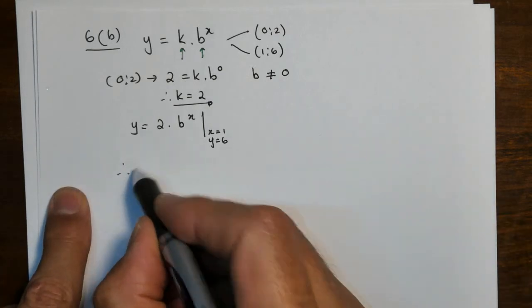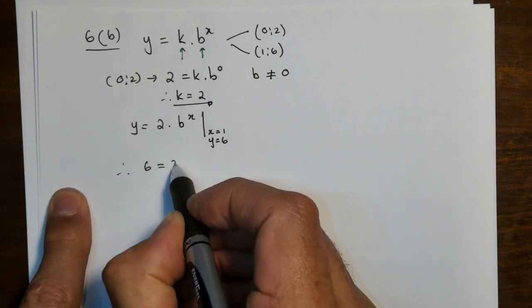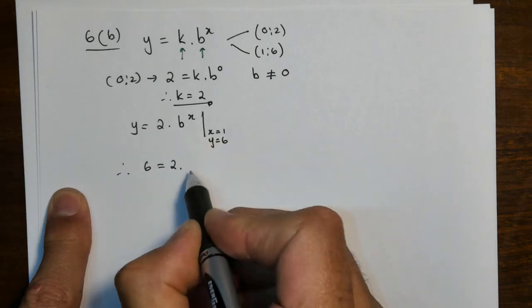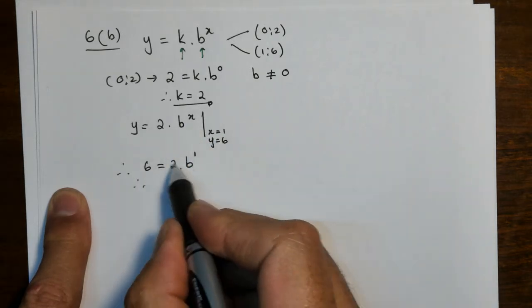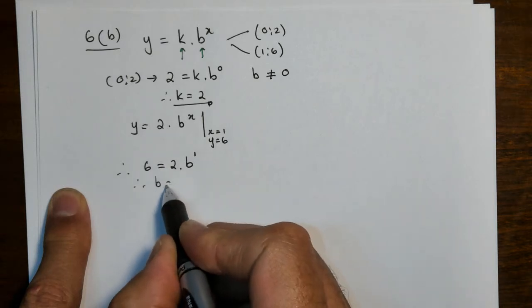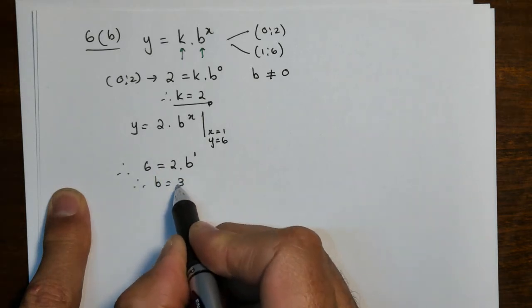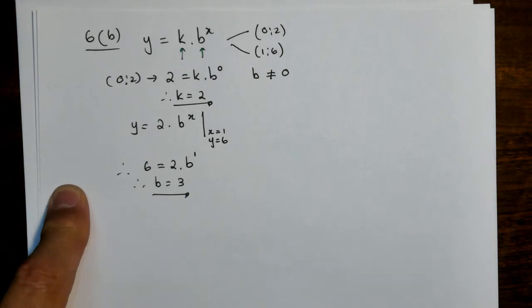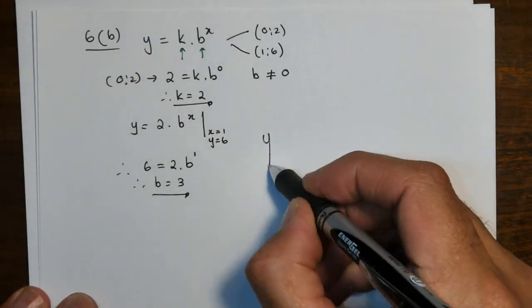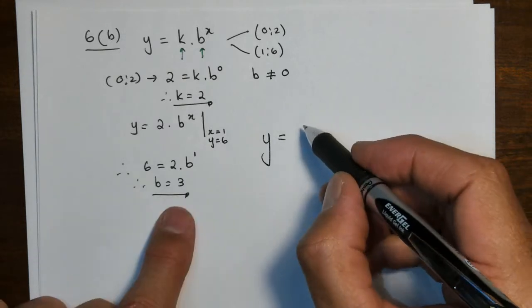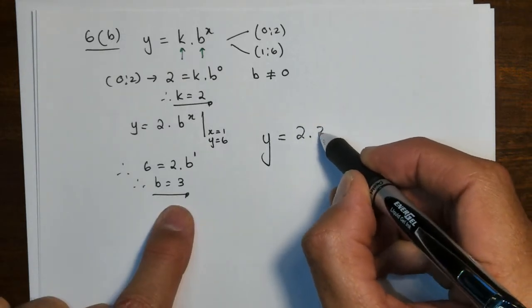Now if that's the case, 6 is equal to 2 times b to the 1. So 2b is 6, so b will be 6 divided by 2, which is indeed 3. Okay, there we go. So our final equation here will be y is equal to 2 times 3 to the power of x.